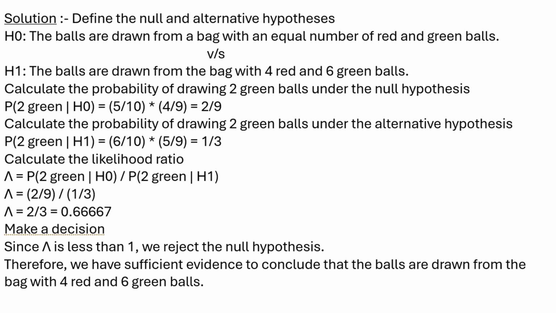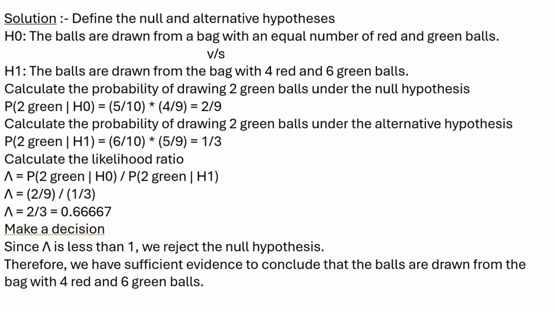Now we calculate the likelihood ratio as the probability to obtain 2 green balls given H0 upon the probability to get 2 green balls given H1. We plug in the necessary values to obtain 2 by 9 upon 1 by 3. We simplify this fraction to get 2 by 3, which if solved gives the answer 0.6 recurring, which can be rounded to 0.66667.